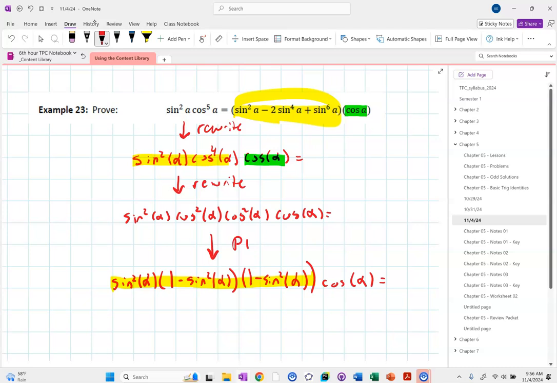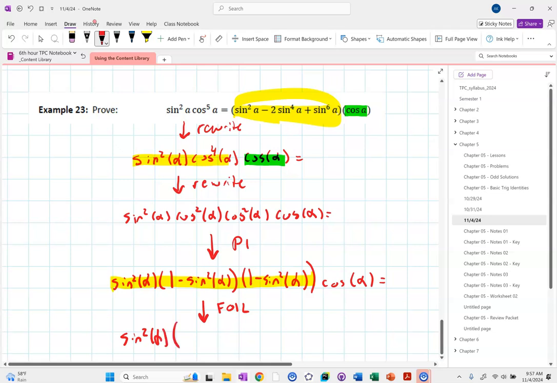So what do you think I should do first? I'd FOIL, right? I have the 1 minus sine squared and 1 minus sine squared sitting right next to each other. Let's FOIL that out. That feels like a pretty obvious thing to do. So 1 times 1 is 1. 1 times negative sine squared is negative sine squared.